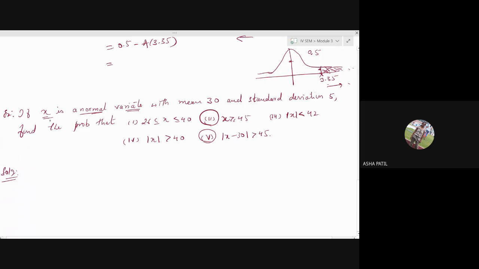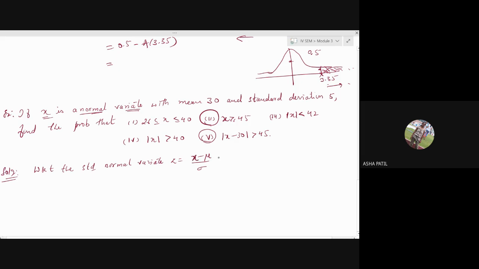We need to standardize this normal variate and put it in terms of Z. We know that the standard normal variate Z is equal to X minus mu by sigma, which we had written yesterday while deriving.